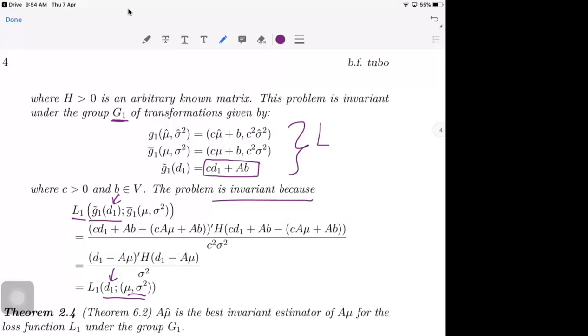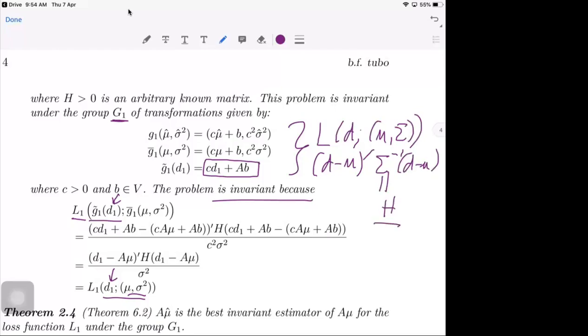So the loss function L of D, mu, sigma is D minus mu prime sigma inverse D minus mu, but the sigma inverse we are considering is H over sigma squared. Okay?